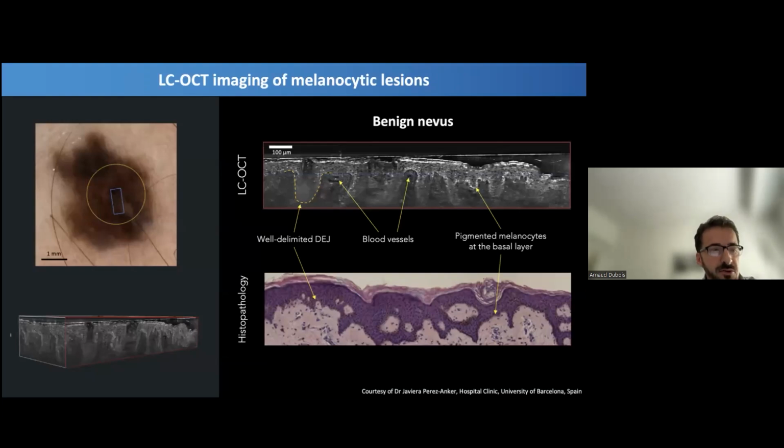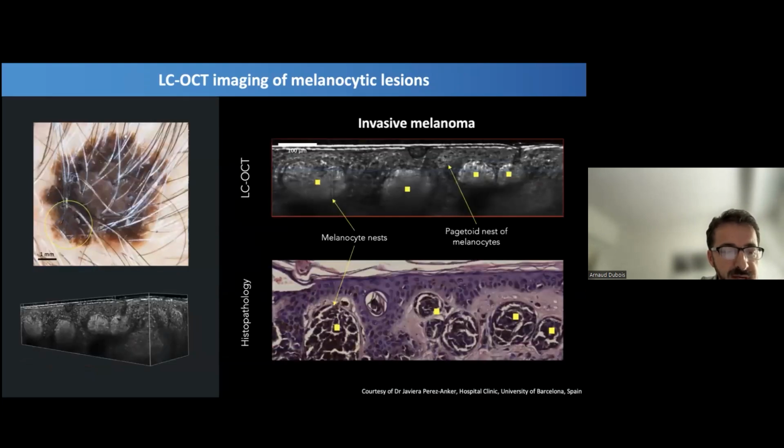Okay, let's take a look at melanocytic lesions now. Here is an image of a benign nevus in good agreement with the histological image. And here is an image of an invasive melanoma. The image is very different, revealing nests of melanocytes similar to the histological image.